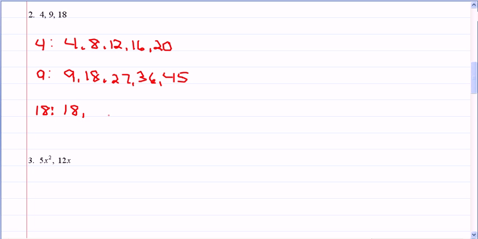And the larger the number, you might have to do multiplication on the side. You have 18 times 1, 18 times 2 is 36, 18 times 3 is 54, 18 times 4 is 72, and 18 times 5 is 90. So if you look at these 3 lists, you don't have any numbers in common.